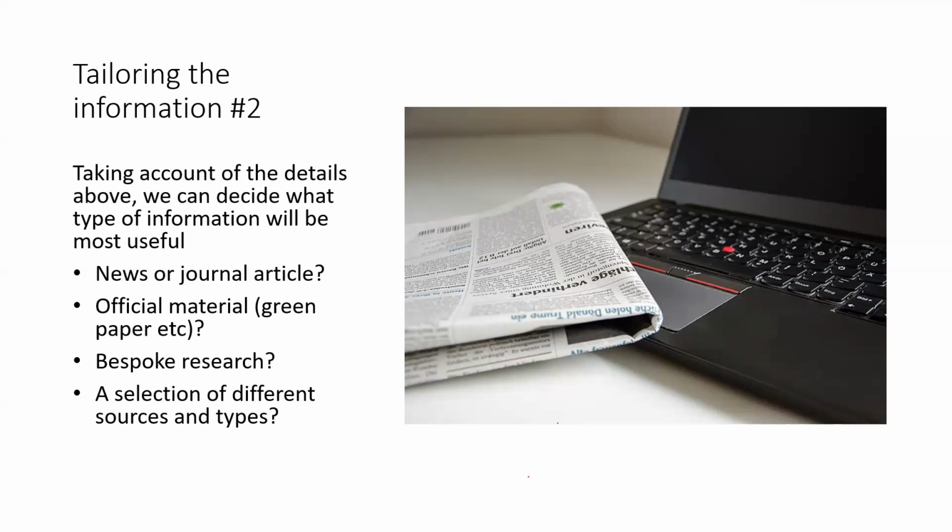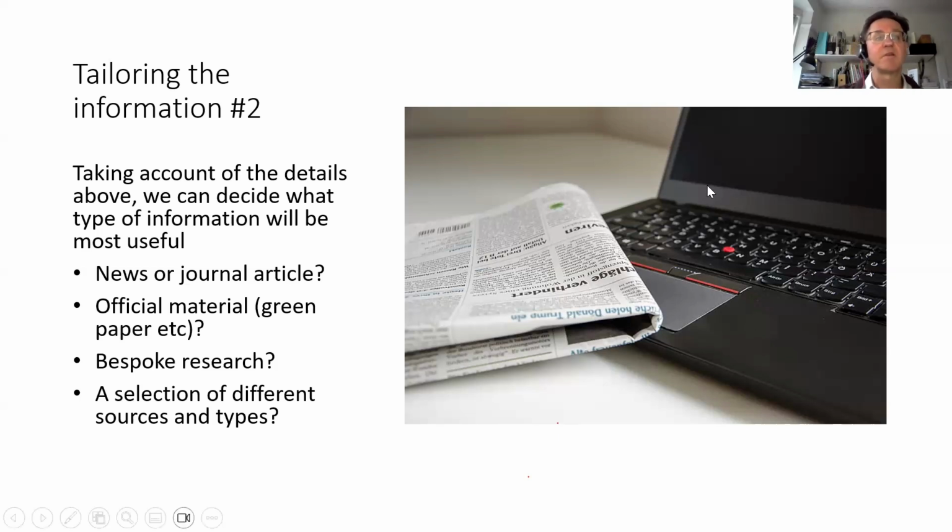Is it a news or journal article? Is it official material, such as a government green paper? Is it bespoke research? Or is it a selection of different sources and types? It may well be that there's more than one type of information which will be useful. On the other hand, if they want the information very quickly, maybe all you can do is to provide very basic material for them.